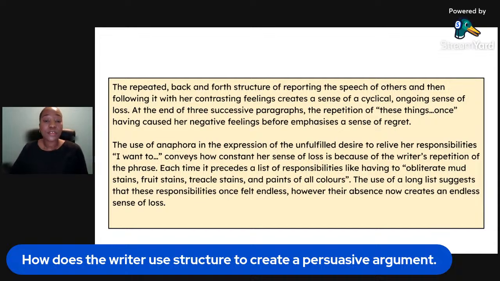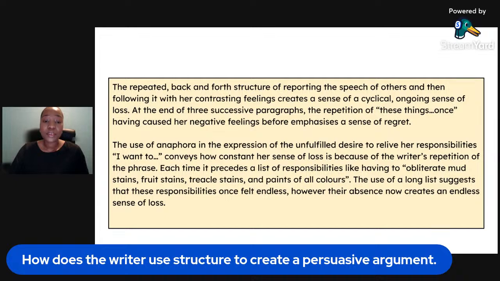At the end of 3 successive paragraphs, the repetition of these things once having caused her negative feelings before emphasizes a sense of regret. The use of anaphora in the expression of the unfulfilled desire to relive her responsibilities, I want to, conveys how constant her sense of loss is because of the writer's repetition of the phrase.